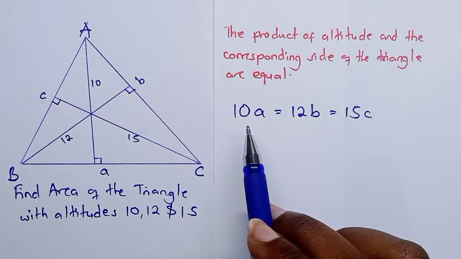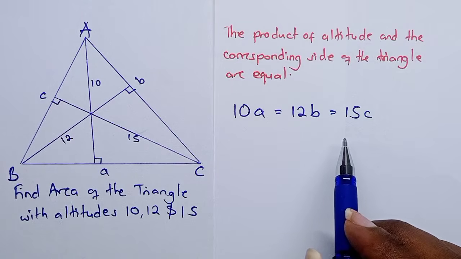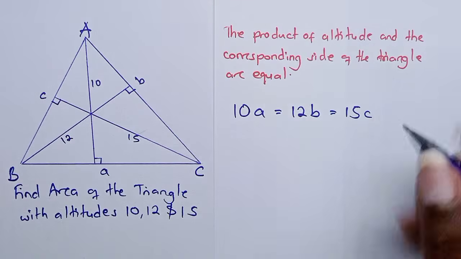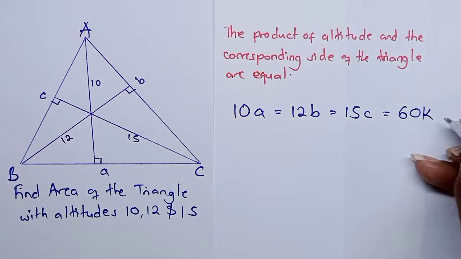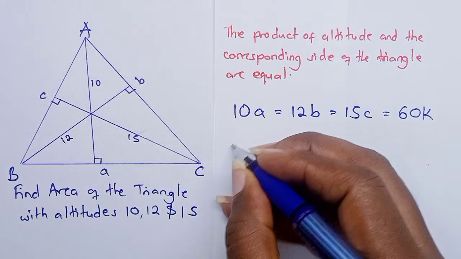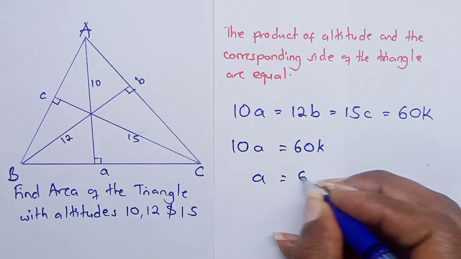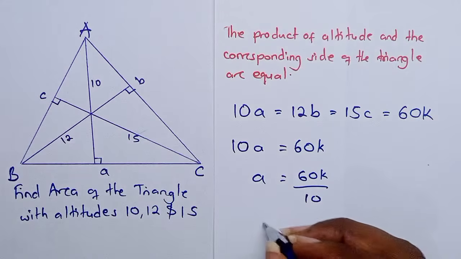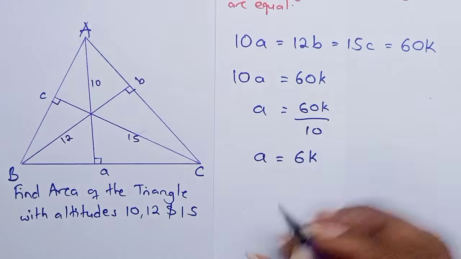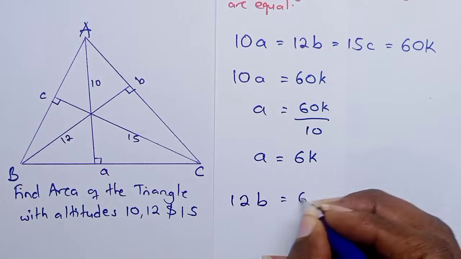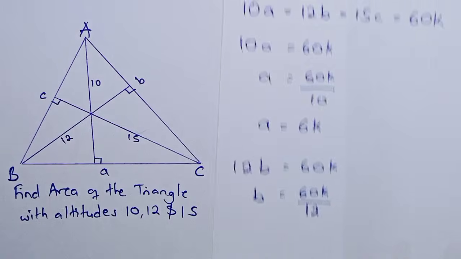Now, the LCM of 10, 12, and 15 is 60. Let's assume that these are equal to 60 times some constant K. So we shall have 10a equals 60K, and a equals 60K over 10. Therefore, a is 6K. Then 12b equals 60K, so b equals 60K over 12.